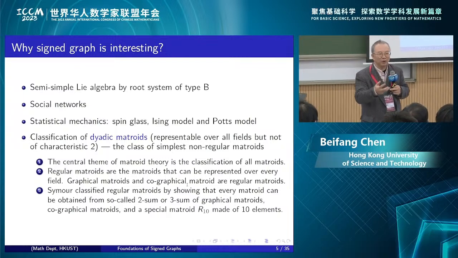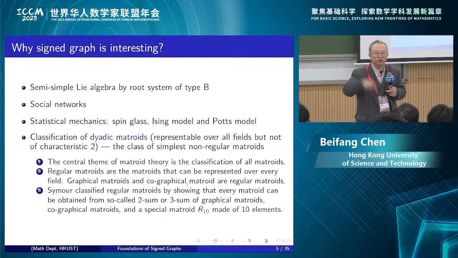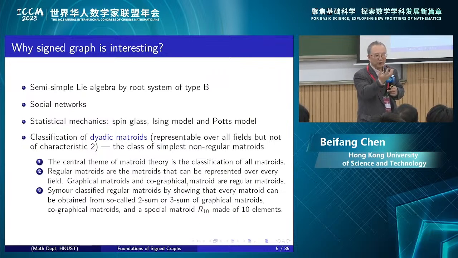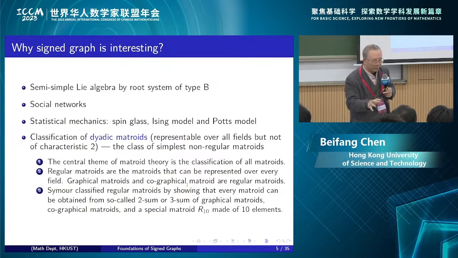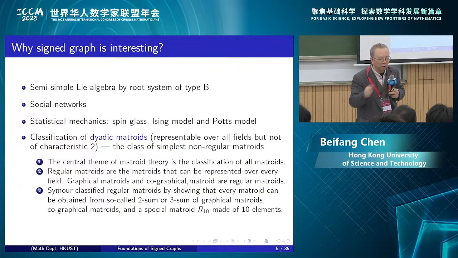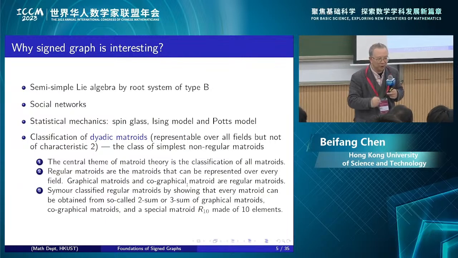Every matroid has a dual matroid. A matroid from a graph is called graphic, and its dual matroid is called cographic. So those are the two big classes of matroids.